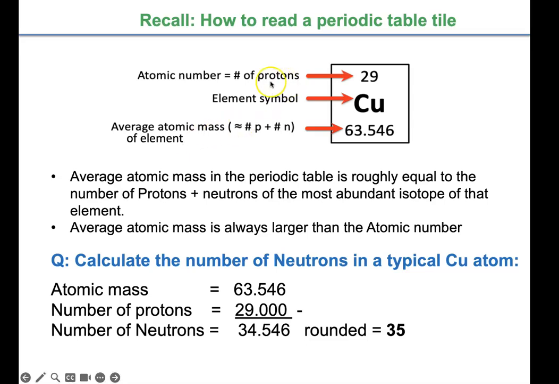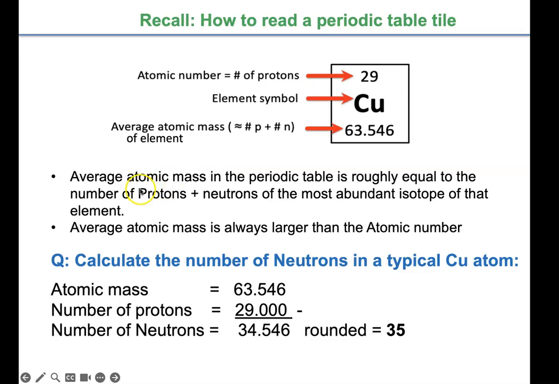Note that the atomic number is always smaller than the average atomic mass, because the average atomic mass is the average of all the protons plus all the neutrons of all naturally occurring atoms of that element.